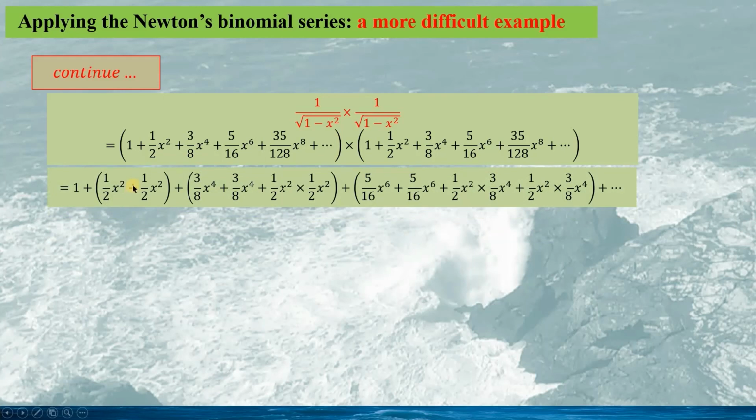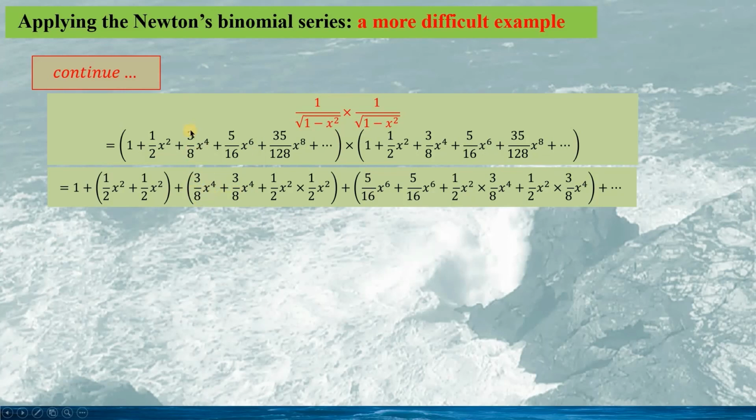So we put all these terms of the same order of x powers together. So the first term would be 1, and the second term in this bracket would be the x squared. So we have half plus half. And in this bracket, we have the order of x power of 4.